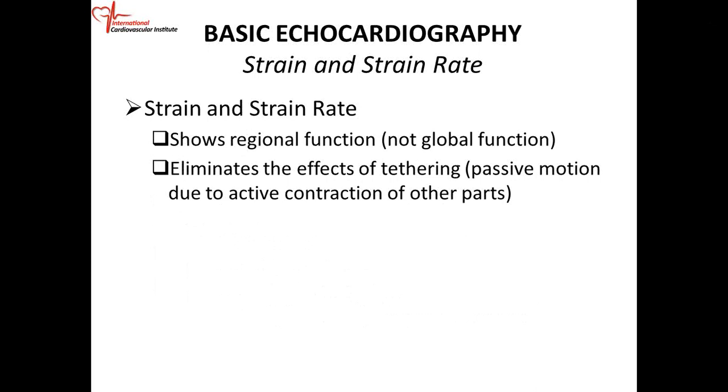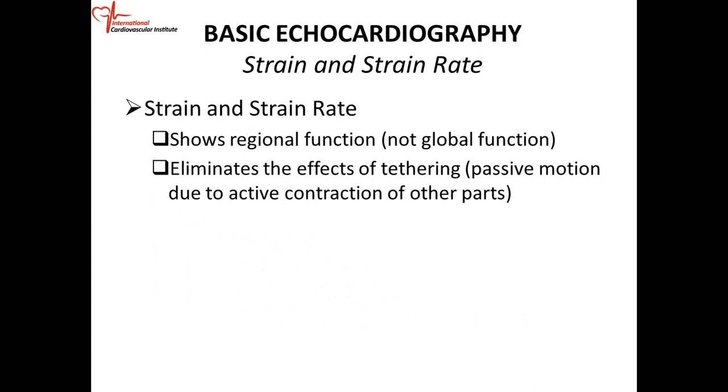That is the passive motion due to active contraction of other parts. So if other parts are normal, the abnormal part may be pulled. So just looking at it, it may look normal. But when you do strain and strain rate assessment, you'll find that it's abnormal.